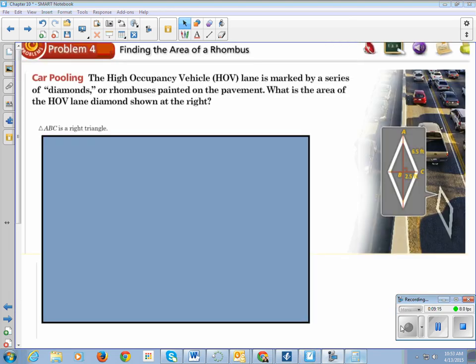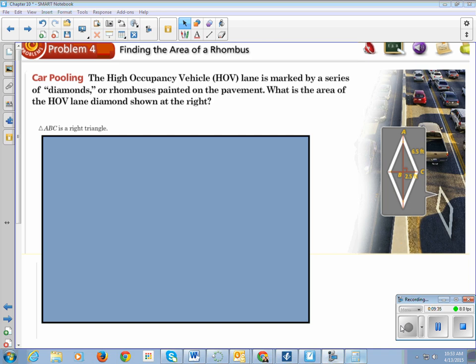All right, next problem, we're going to find the area of a rhombus. So the high occupancy vehicle lane is marked by a series of diamonds or rhombuses painted on the pavement. What is the area of the HOV lane diamond shown at the right?